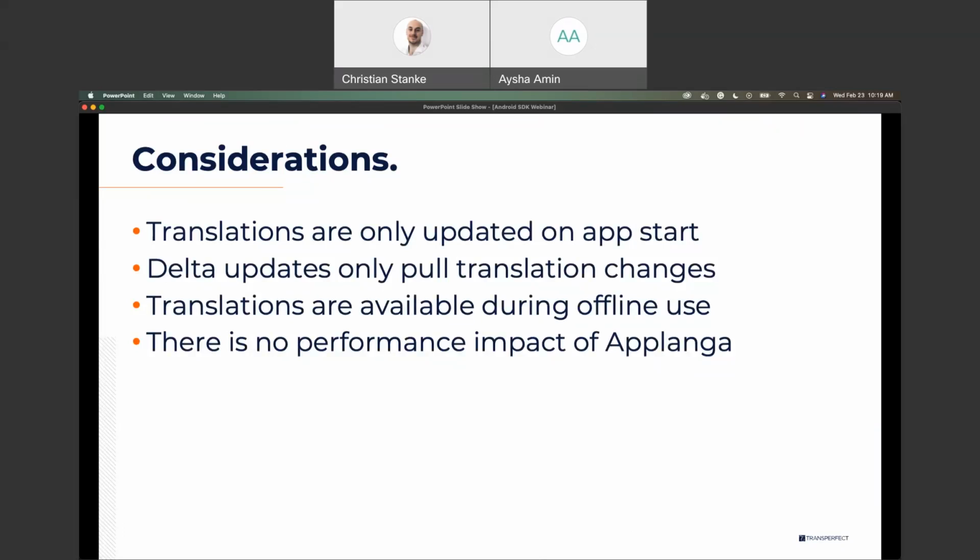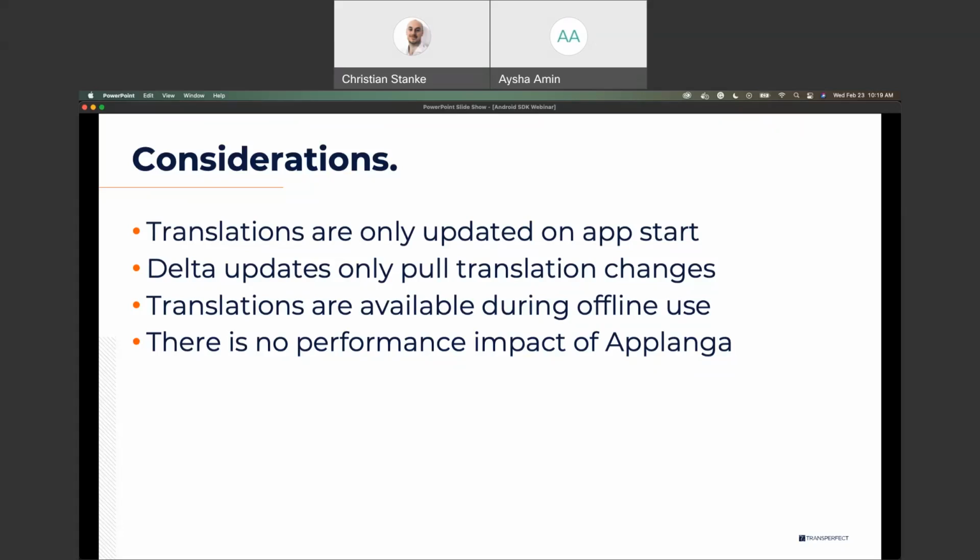The main thing to keep in mind here is that translations aren't updated while the user is actually navigating the app. By default, translations are only updated upon app start. So to trigger those updates, an app user must either completely kill and restart the app, or the app goes into the background.